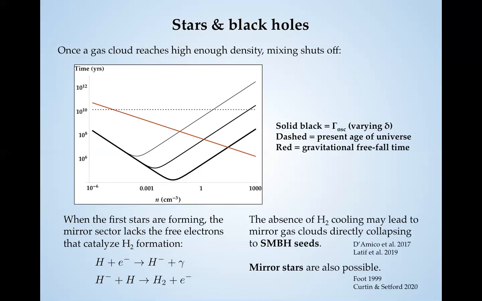That's different from what happens in the IGM. In collapsing hydrogen gas clouds, it's true that the formation of magnetic fields will also act to shut off mixing in much the same way as the increasing density will. This is something we point out but kind of punt on, and ultimately this will be related to how much of the mirror sector density is protected from reconversion during reionization.